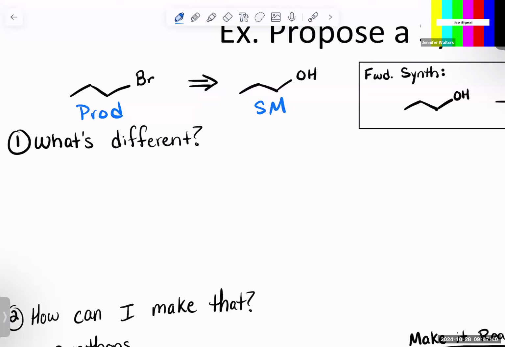Yeah, so we have OH as our leaving group. So we need to lose an OH and we need to gain a bromine. So what's different? I have to gain a bromine and I have to lose an OH because the OH is the leaving group. So that's what's different.